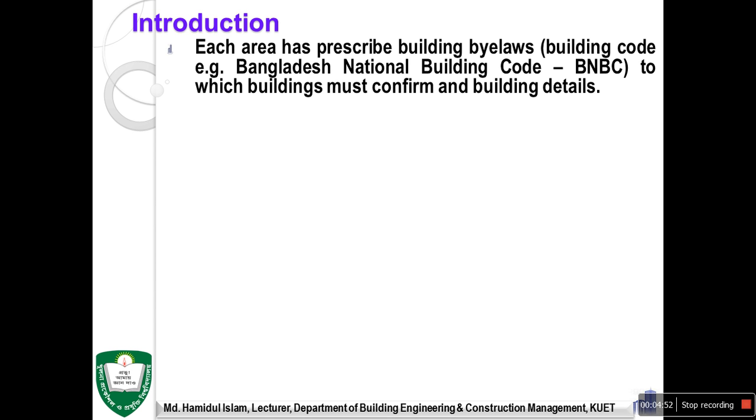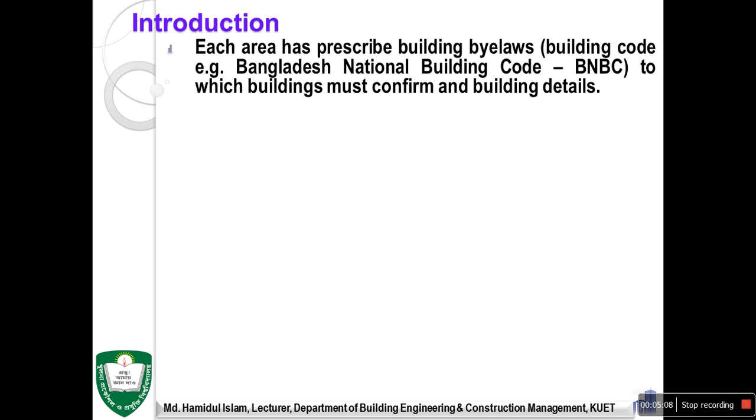Each area has prescribed building bylaws, that means building code. In the perspective of Bangladesh, that means the Bangladesh National Building Code, abbreviated as BNBC, to which buildings must conform, and building details.